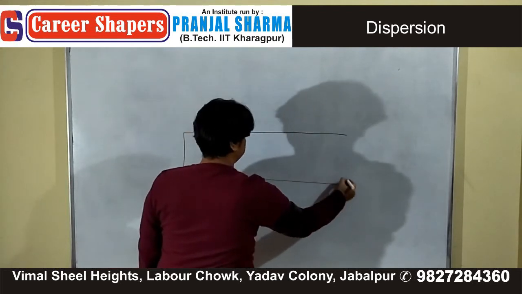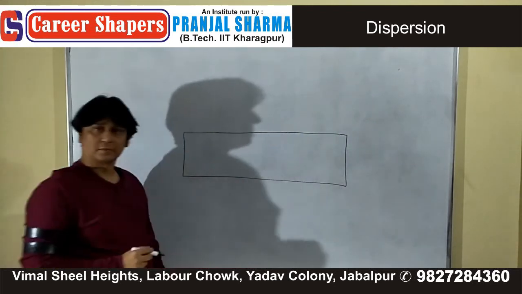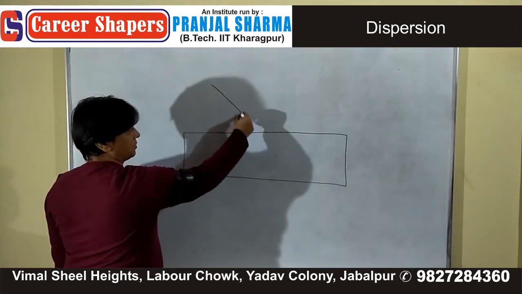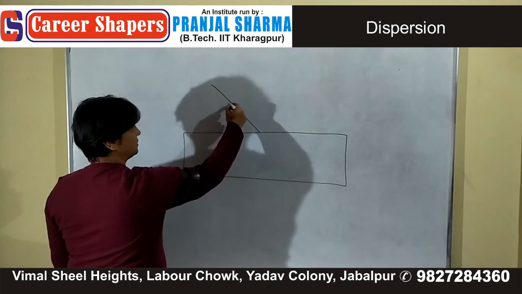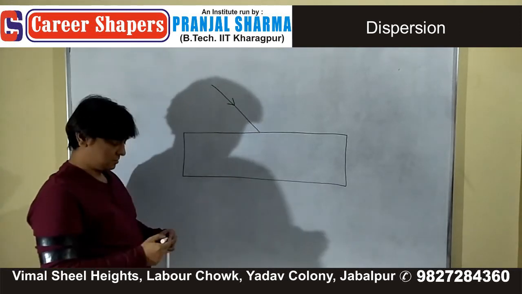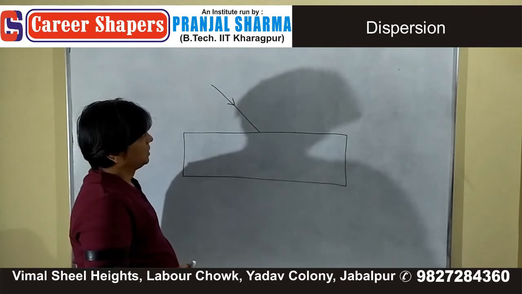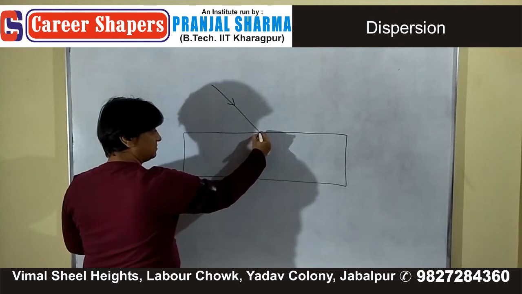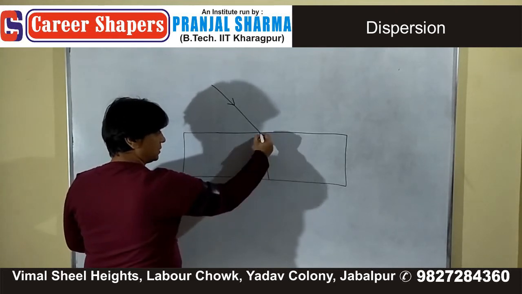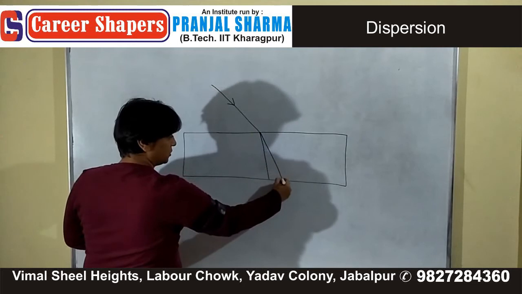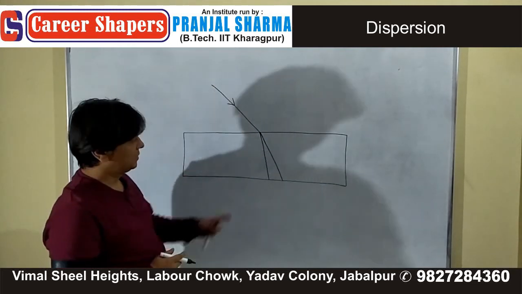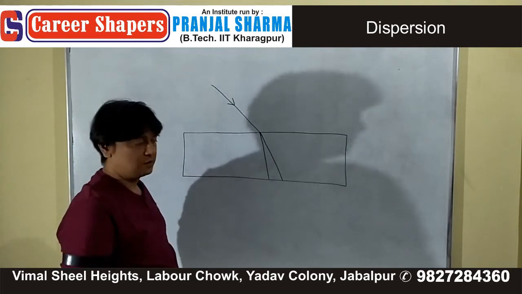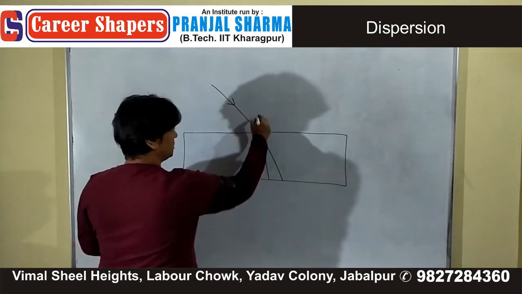This is your glass slab. This is white light. And as it comes and enters into this glass slab, you know that you will see different colors, V and R. This is the normal.